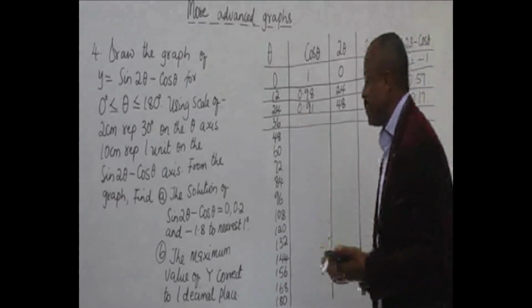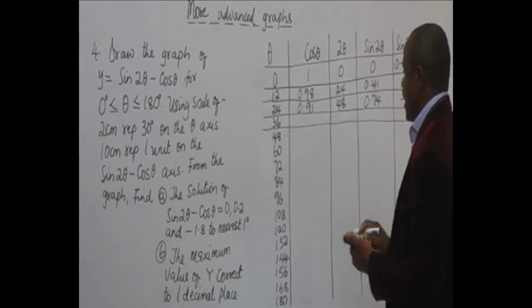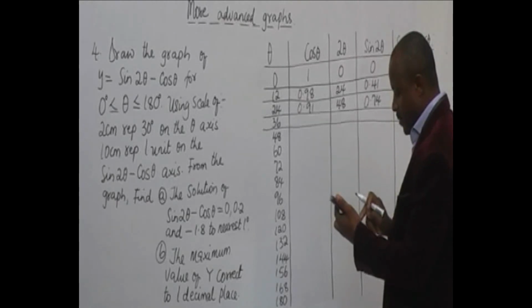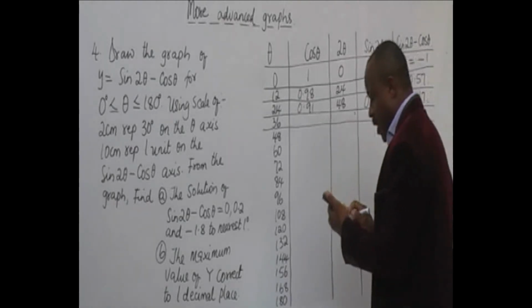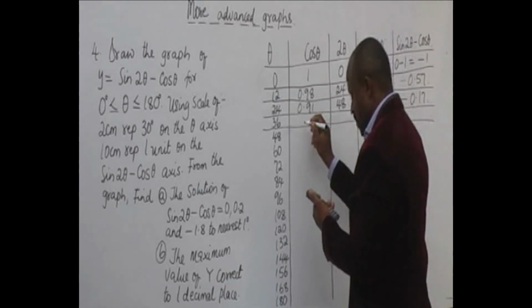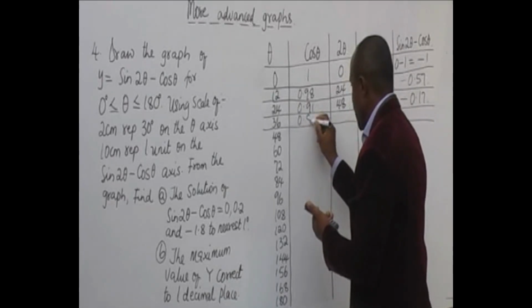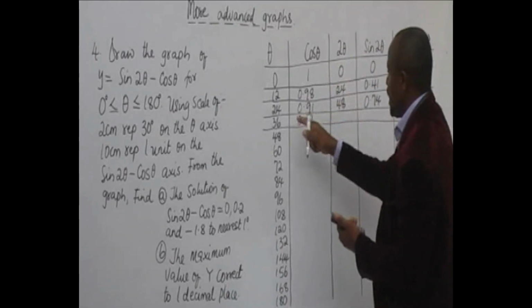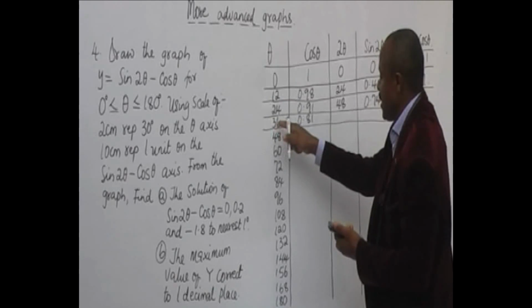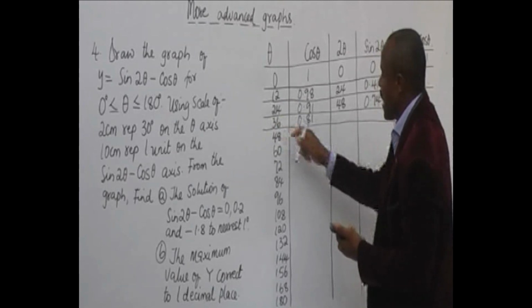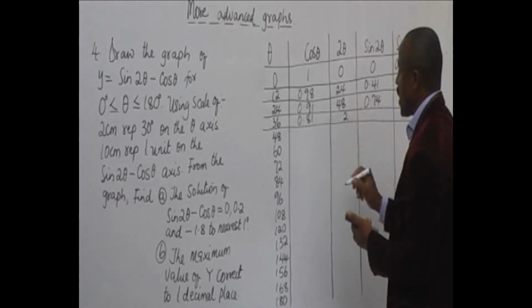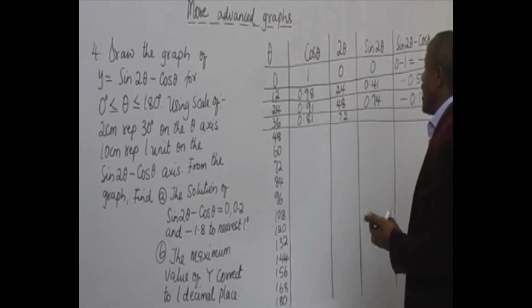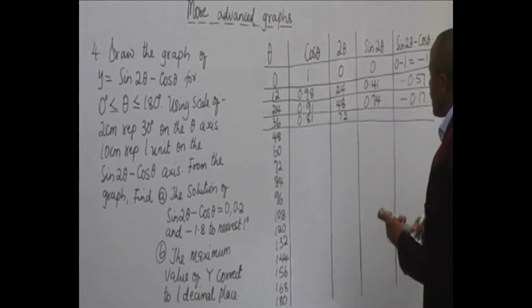The fourth column that we are going to show you is 36. Cosine 36, let's find the value. Cosine 36 is giving out 0.81 in 2 decimal places. Now 2 theta means 36 times 2. 2 times 6 is 12. Carry 1. 2 times 3 is 6 plus 1, you have 7. Now sine 2 theta means the sine of 72.